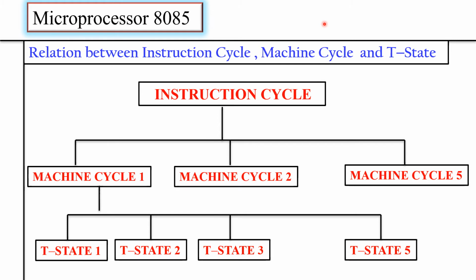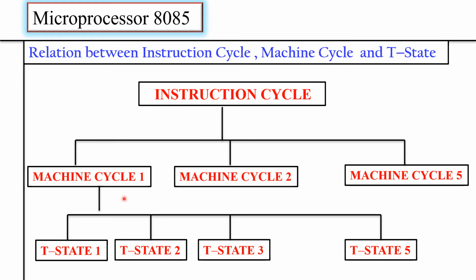Each memory or IO operation requires a particular time period. So each operation to read or write from an input or output device requires some time, and that is called a machine cycle. Each machine cycle consists of 3 to 6 clock periods, referred to as T states.